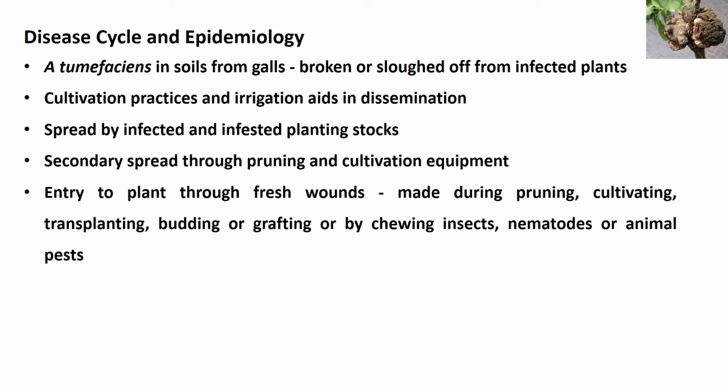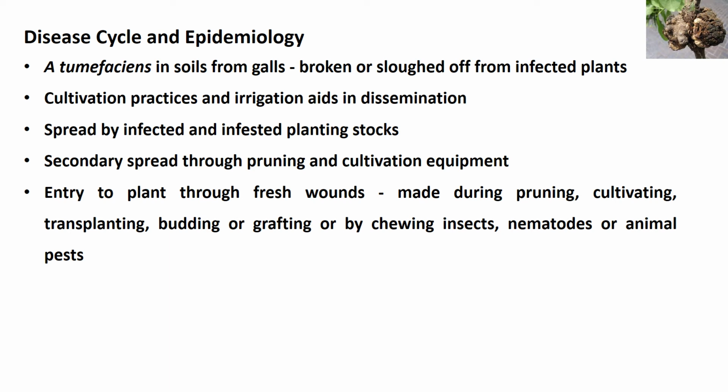Coming to disease cycle and epidemiology, Agrobacterium tumefaciens is present in soils. These are the causative agent for crown gall, and they reach soil from broken or sloughed off galls from infected plants. Cultivation practices and irrigation aid in bacterial dissemination. It is also spread by infected and infested planting stocks.